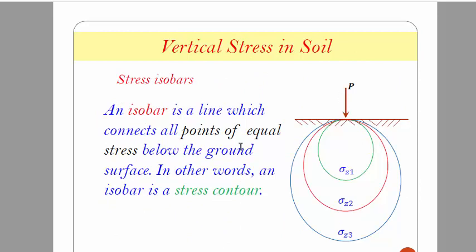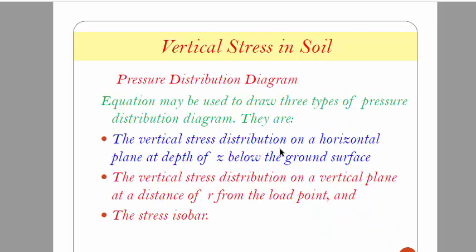The isobars are lines on which the stress at each point is equal, so they are called stress contours. The points where the stresses are equal form the first stress contour, then the second, then the third. It is like levels that are equal, so the stresses are equal along them.